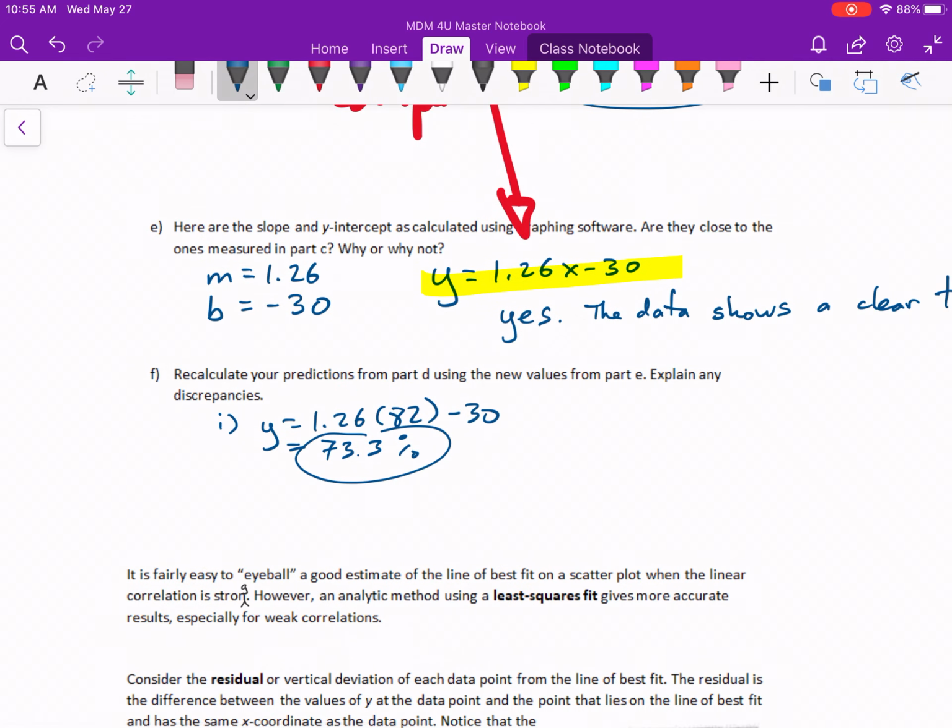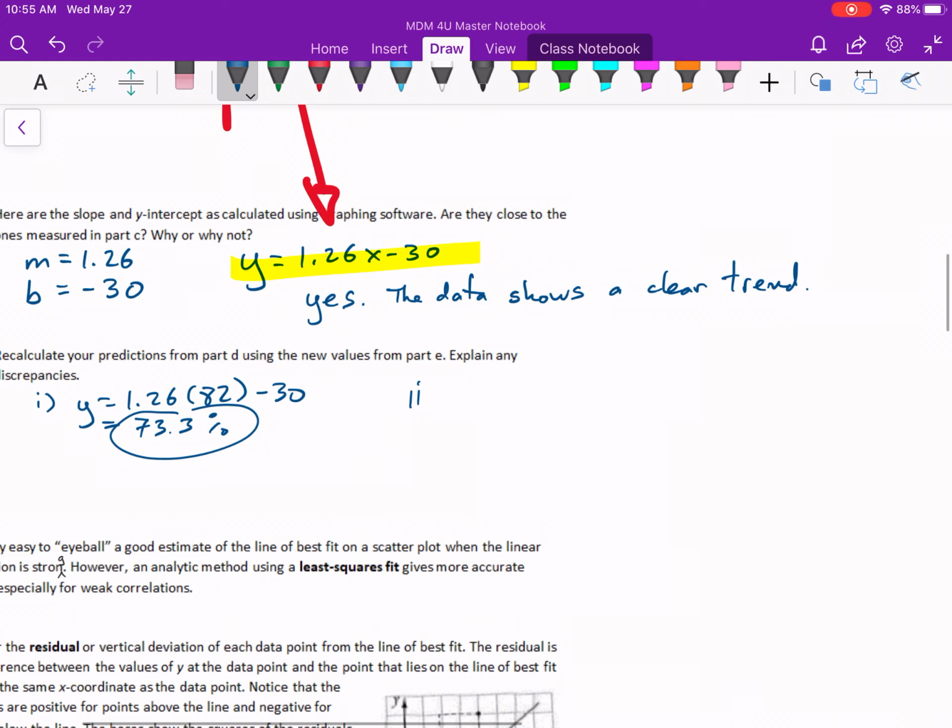Very close. Let's compare it to, we put 60 in here, 60 equals 1.26 times x minus 30. So again, we'll do 60 plus 30 divided by 1.26.